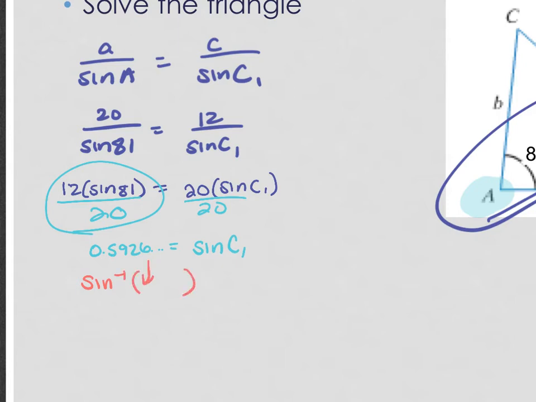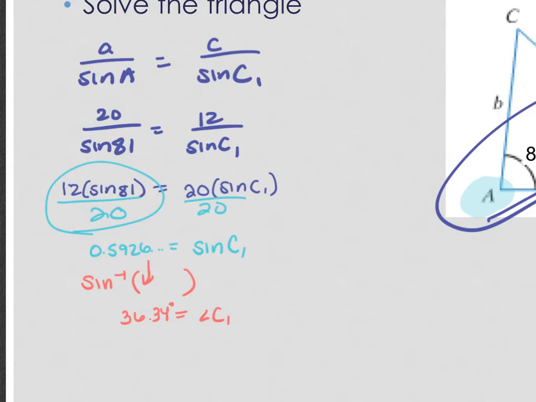Which means on your graphing calculator, I can do second sine -1, and then I can go second answer, and it's going to pull back in the answer I just had, and then hit enter. And I get angle C1 equals 36.34 degrees.